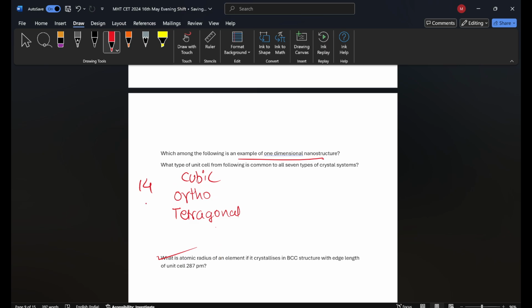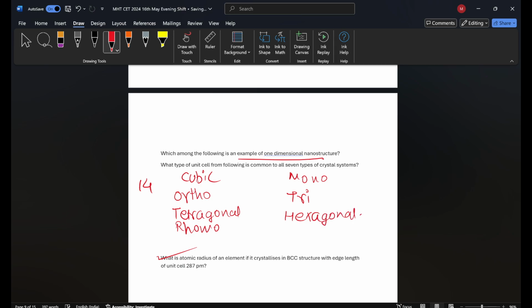They are rhombohedral, just a second, rhombohedral, and then there is monoclinic. I'm also remembering them. Triclinic and hexagonal.